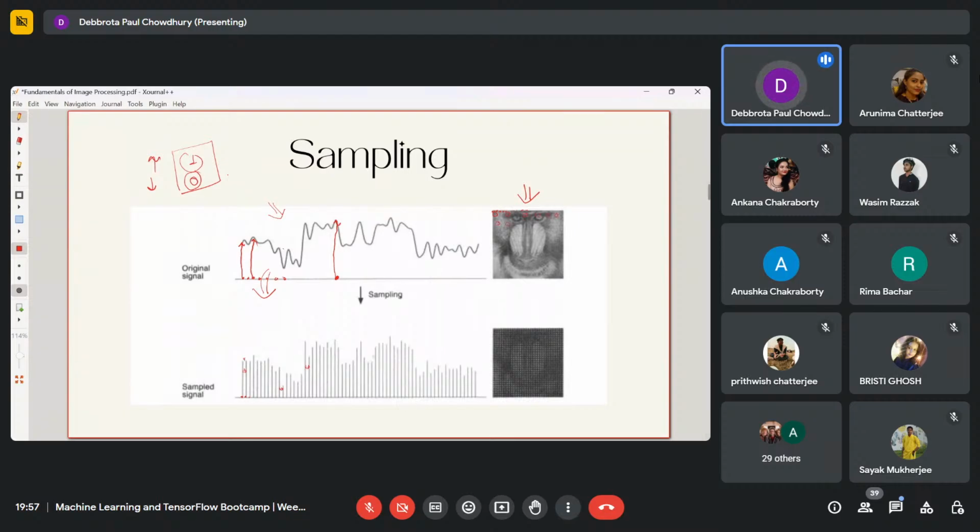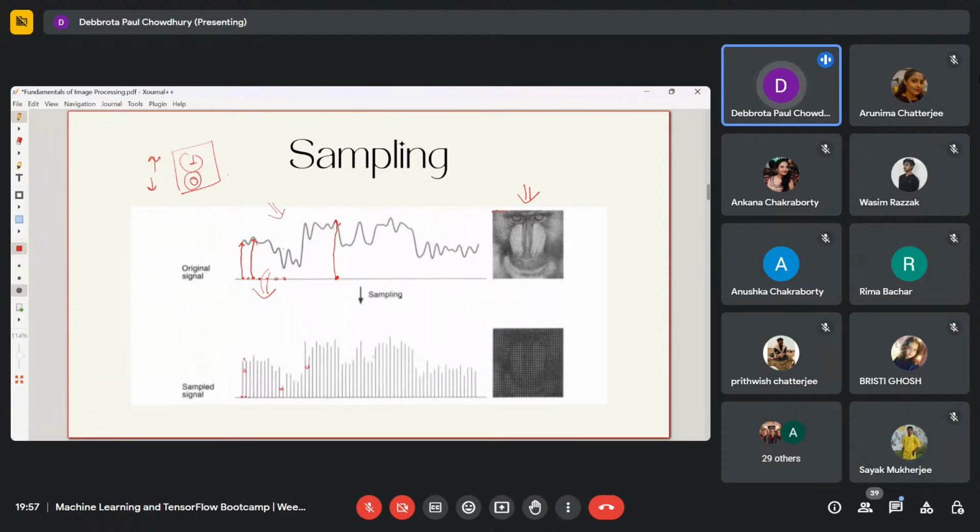Let's say these values we are collecting, not all of them. Instead of getting all the samples, we are selecting just some, a smaller number of samples.